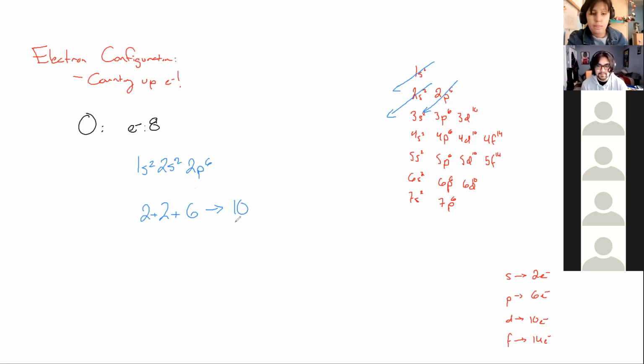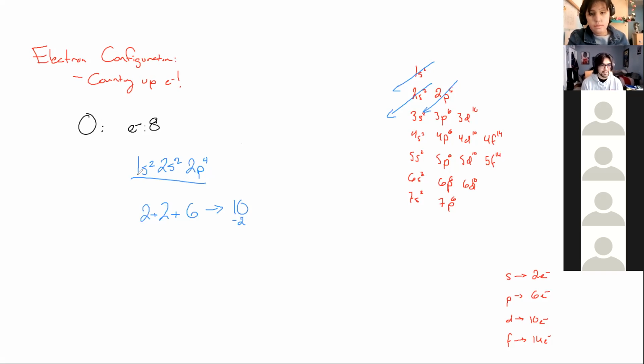So it would be 2p4. Why would it be 4? How many electrons do I need to subtract from the last one? 2. So instead of it being 6, it is now 4. And there we go. That is our correct electron configuration for oxygen.